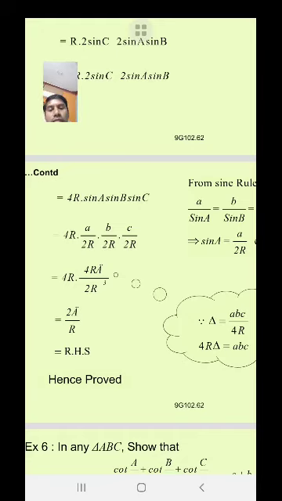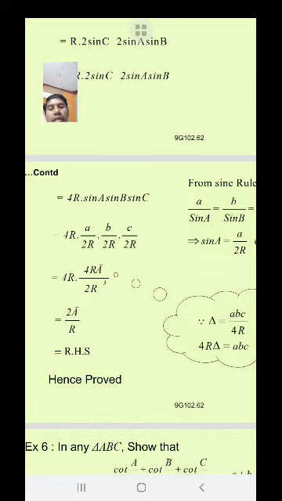See here, abc is replaced with 4R into delta, so directly don't cancel. First see in the denominator: 2R, 2R, 2R means (2R) whole cube, here the bracket is missed. Okay, next abc we can write as 4R delta.